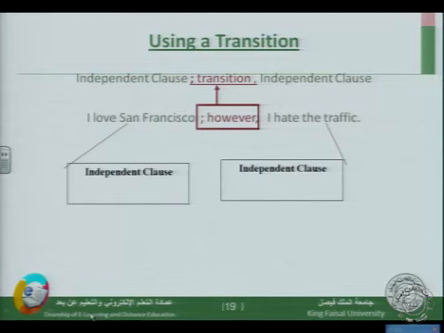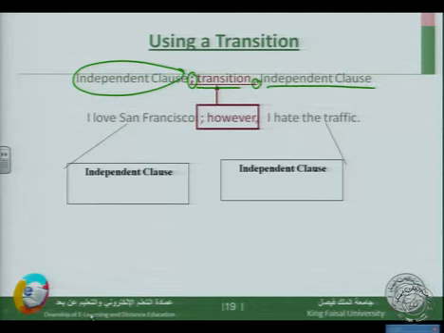Independent clause, using a transition. You should use the transition after an independent clause: you put a semicolon, then the transition, and then a comma, and then you mention the independent clause.